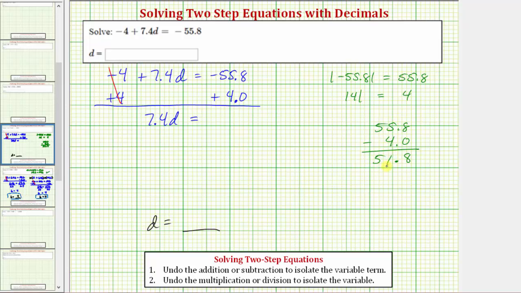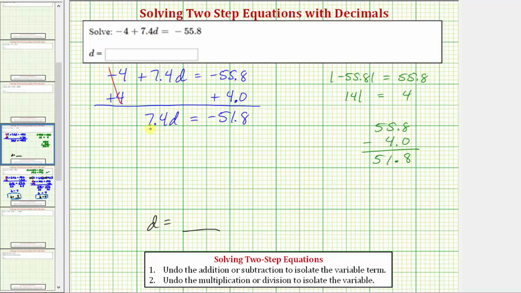So the difference is 51.8, but we use the sign of the number that had the larger absolute value, and because the -55.8 had the larger absolute value, the sum is -51.8. And the sign should make sense because the -55.8 is going to outweigh the positive 4.